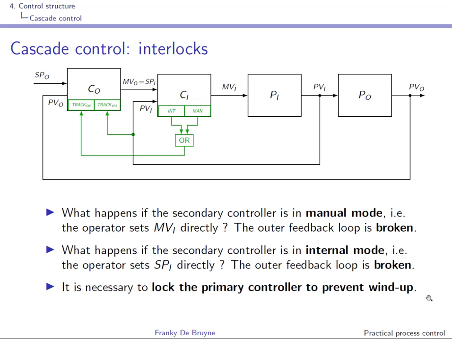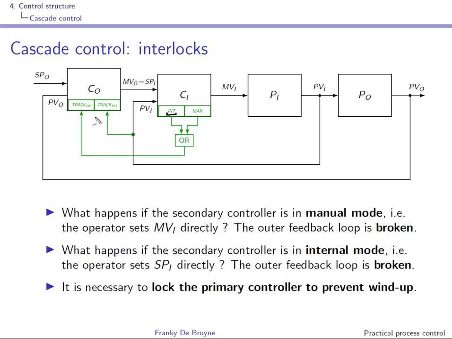Note that another possibility when this one is in internal mode is to use the internal set point here as a tracking value. If you use the internal set point as a tracking value, well, at the output you'll find the internal set point, and you'll have it also as a set point for the inner controller.